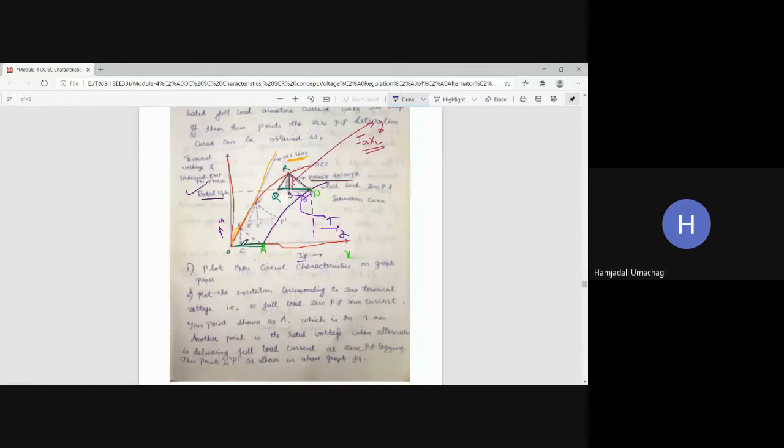So 1 centimeter of field current information multiplied with the length of PS will give you IF2 information. Similarly, RS is vertical, so you should take y-axis information. PS is horizontal, so you should take x-axis information, 1 centimeter.